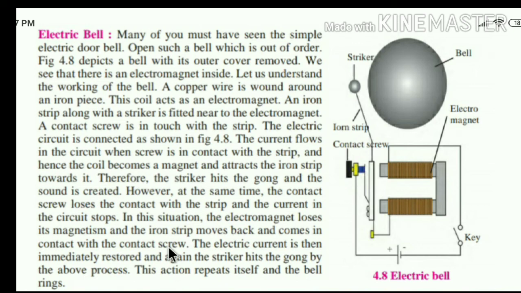screw. So when we stop the current, the electromagnet loses its magnetism and they come back to the first position. When we switch on the bell, current flows in the circuit, this becomes an electromagnet that attracts the iron strip, the striker falls on the gong, and at the same time sound is created.